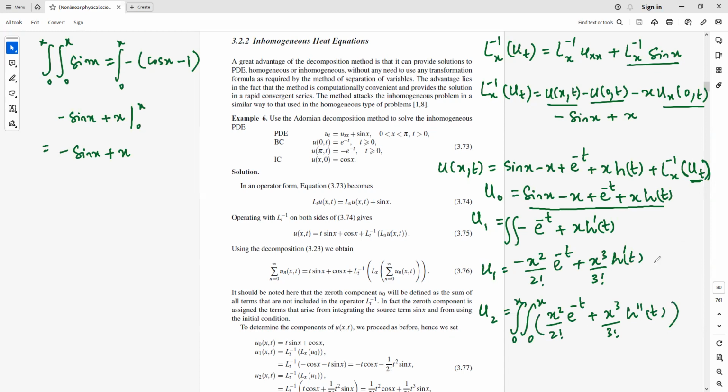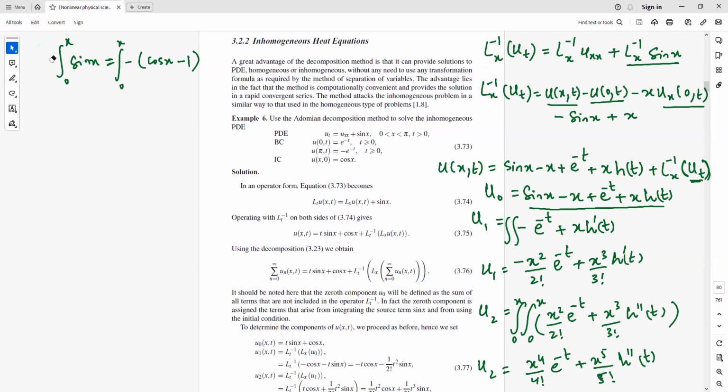This is the differential with respect to t. Now, if we integrate it twice, we are going to get x to the power 4 over 4 factorial e to the power negative t plus x to the power 5 over 5 factorial h double prime(t). Now, similarly, we can find the other terms, that is u3, u4, u5, and so on.